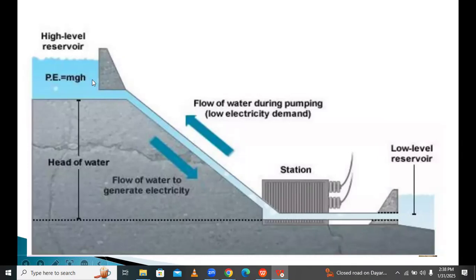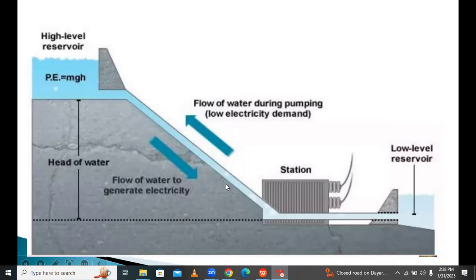Like this, energy conversion takes place. Flow of water to generate electricity in this direction is called discharging, generation of electricity and discharging of water from the higher level reservoir to the lower level reservoir.